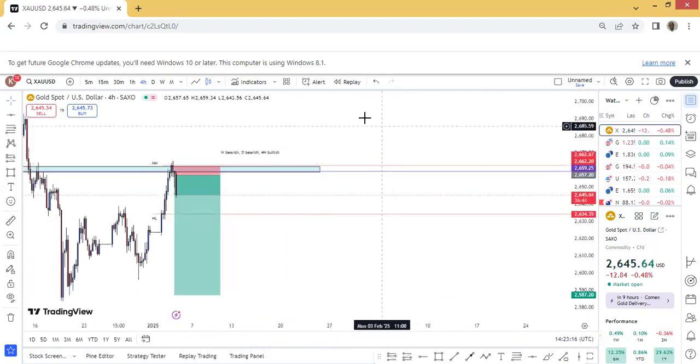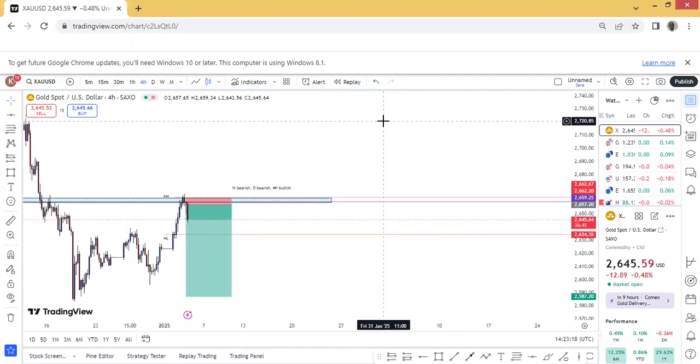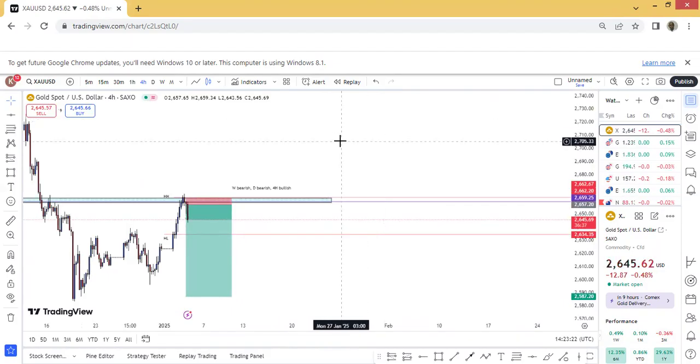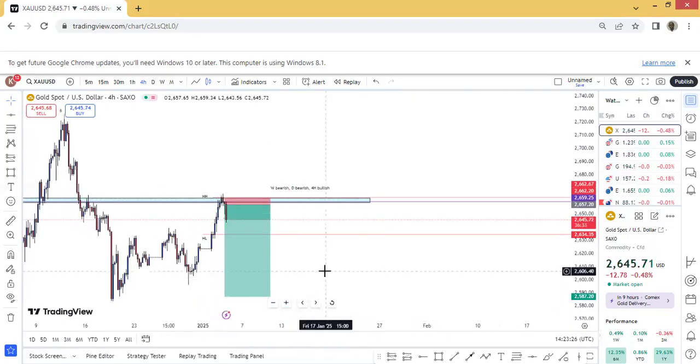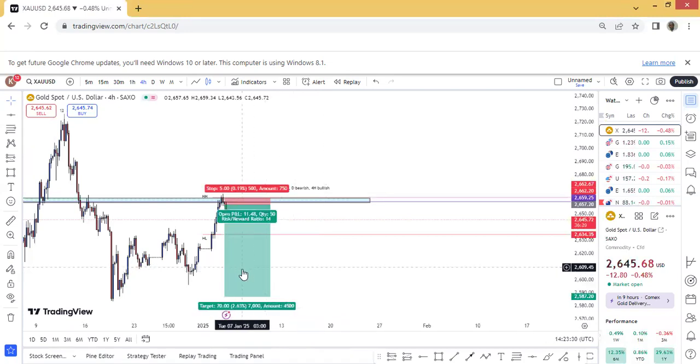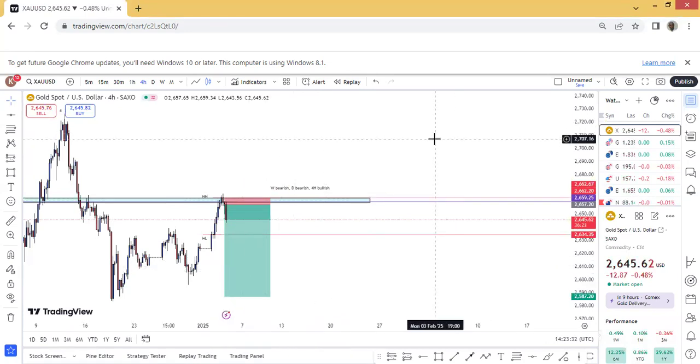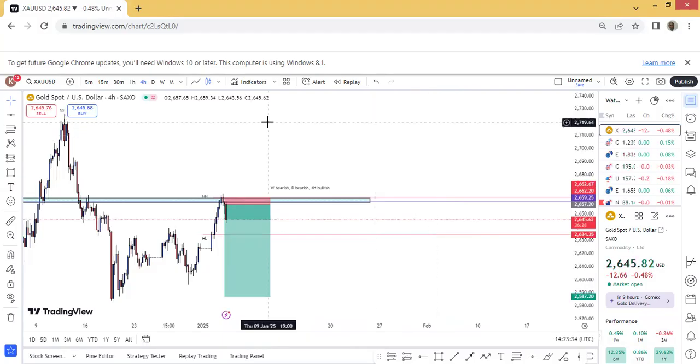Currently, we are up by about 120 pips, although our target is around 700 pips because this is a swing trade and this is a 1:14 risk to reward trade.